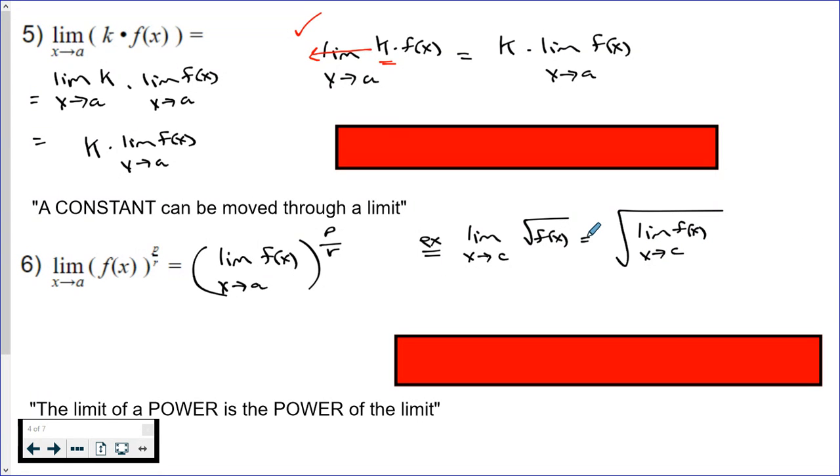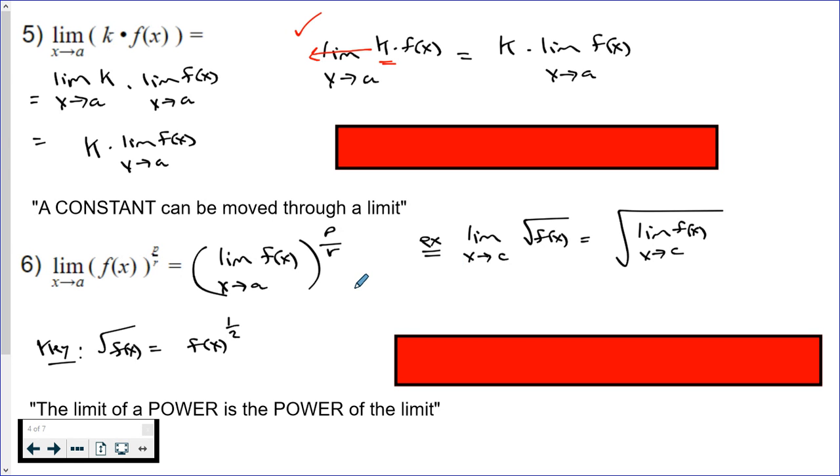So you can view this as the limit of a radical is the radical of the limit, and that would be true and that works. So you're like, why are you showing me that on line 6? Well, because hopefully you remember that if you have something like radical f of x, radicals can be rewritten using fractional powers, in this case, f of x to the half. So it would apply there, okay?